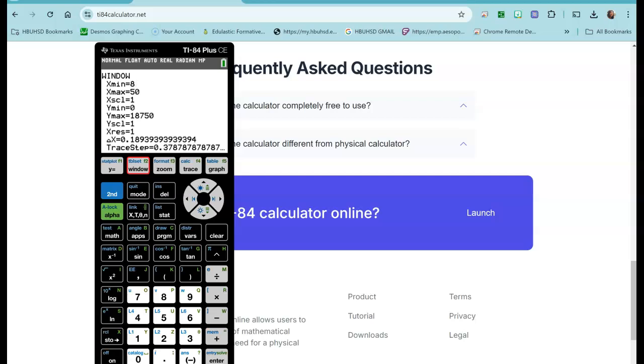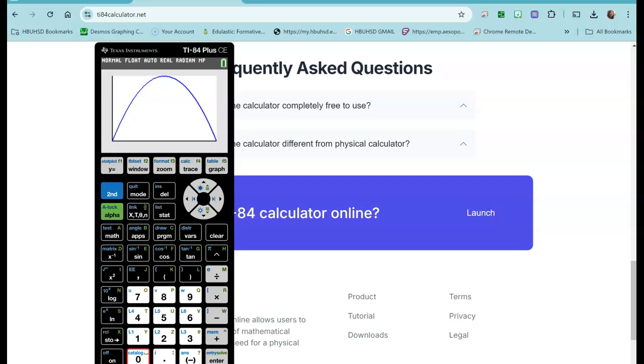Your window minimum is 0, non-inclusive, because we can't really have a dimension that's 0. Then we can't have 800, because if we have 800 for 2 sides, you're not leaving any amount left for the other. We need to make a rectangle. So these are both non-inclusive. Zoom, and zoom fit. Okay, so there's your quadratic.